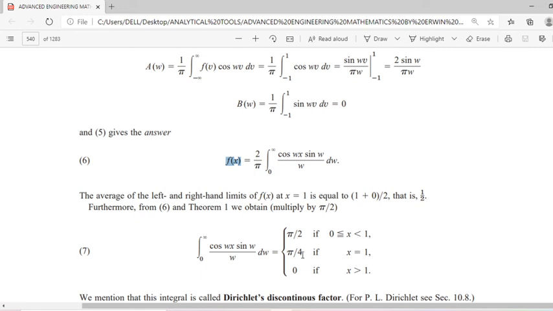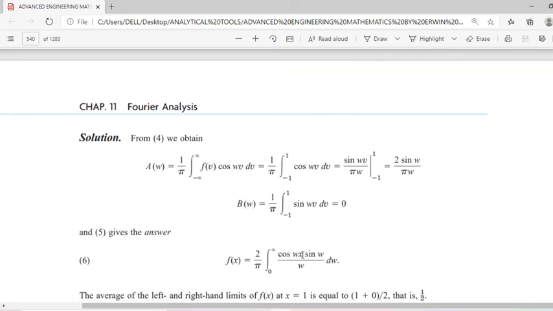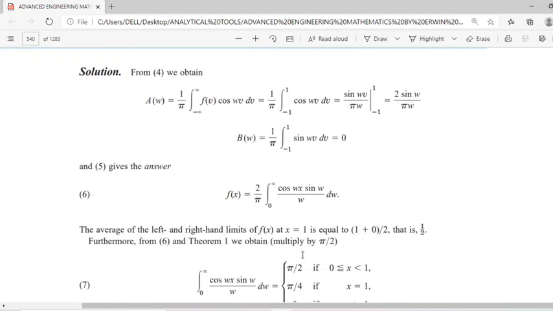Similarly at x equal to 1, the value will be pi by 4, because at x equal to 1 we can substitute that value.